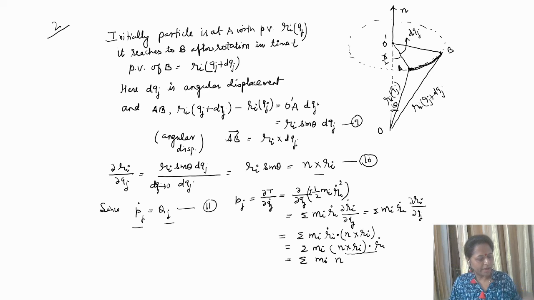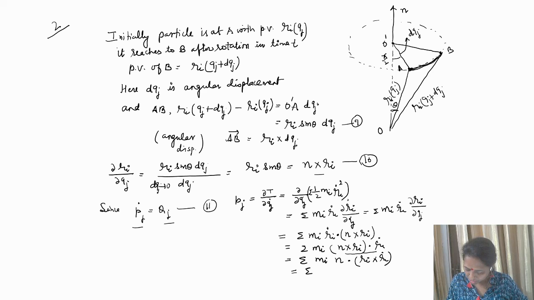and you are left with n dot Ri cross Ri dot. The other part of the identity will be 0. What is Ri dot? It is Vi.